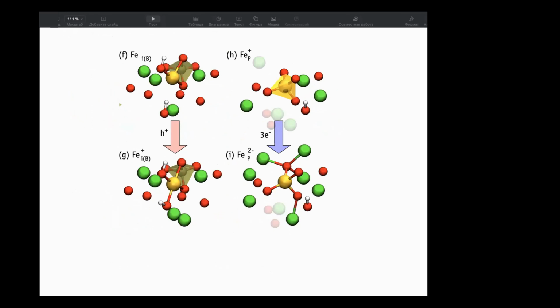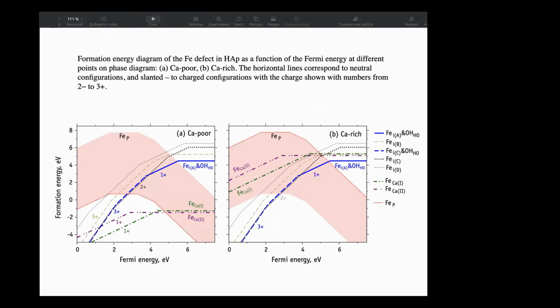Also, that was done for interstitials, and we came to a formation energy diagram with different defects, charged and neutral. And we have different conditions.